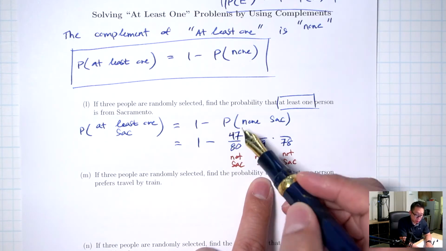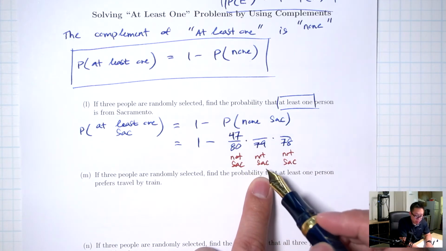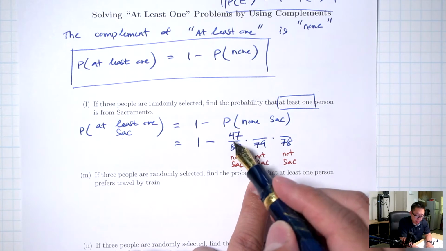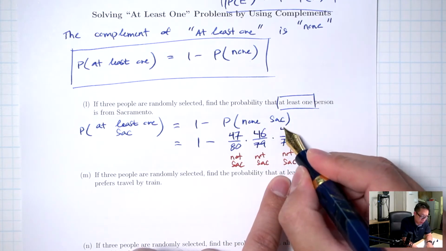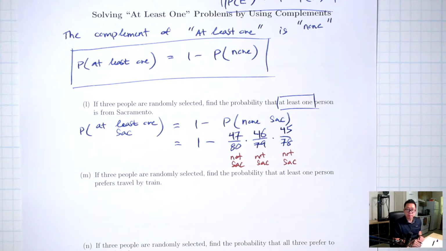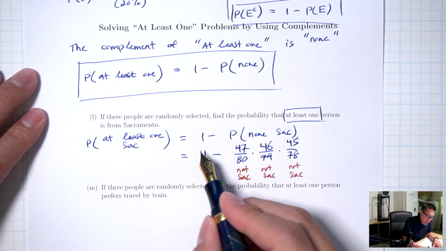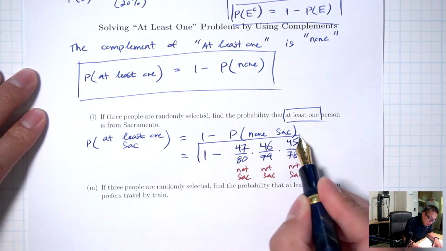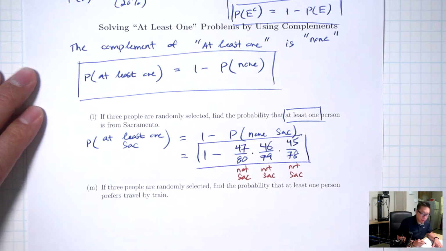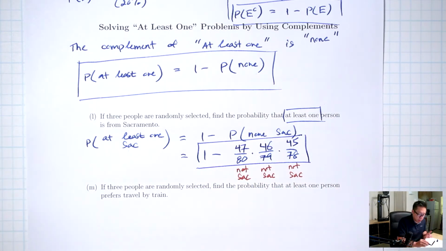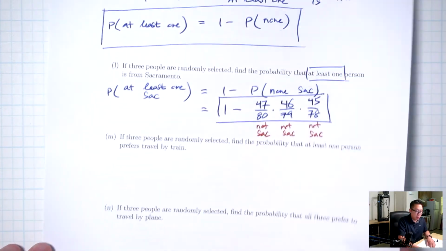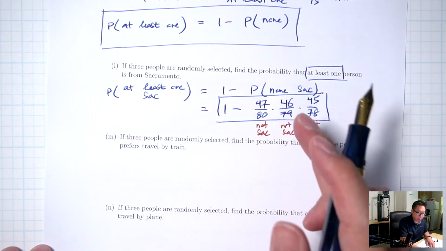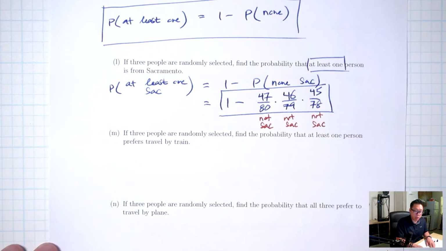And because I already chose 1 person not Sac, for the second blank I should be down by 1 to 46. And then down again to 45. And so the answer you're going to enter is that. So make sure you don't forget the 1 minus. So 1 minus 47 over 80 times 46 over 79 times 45 over 78.